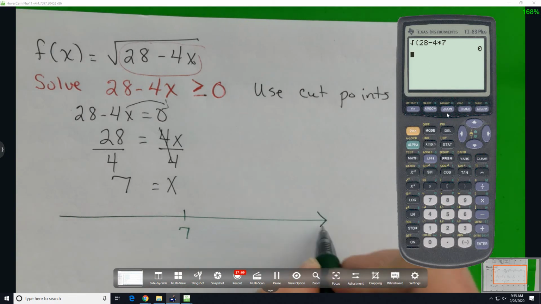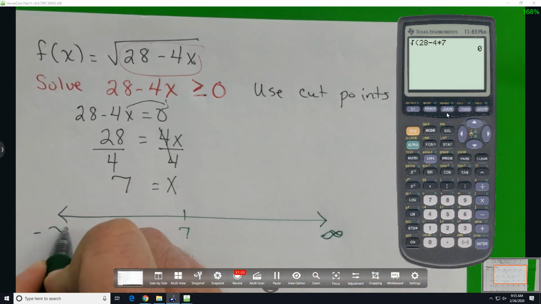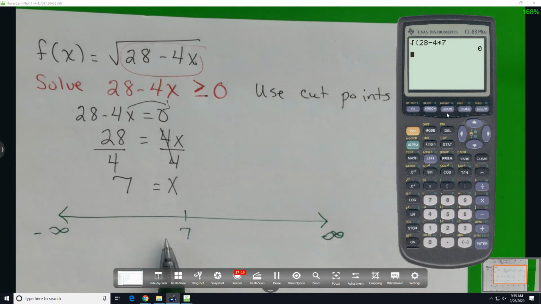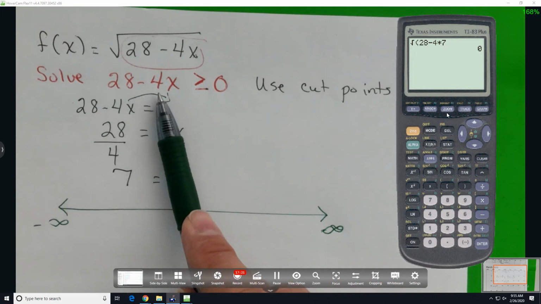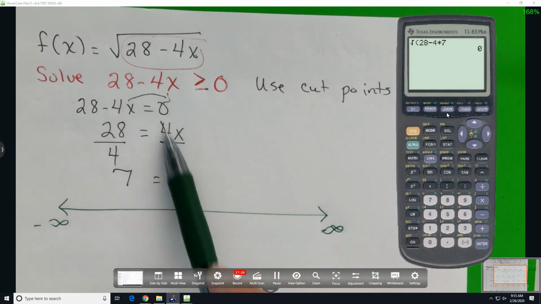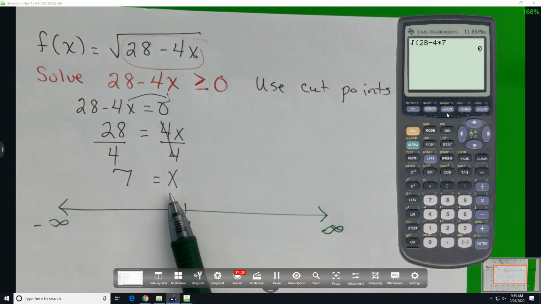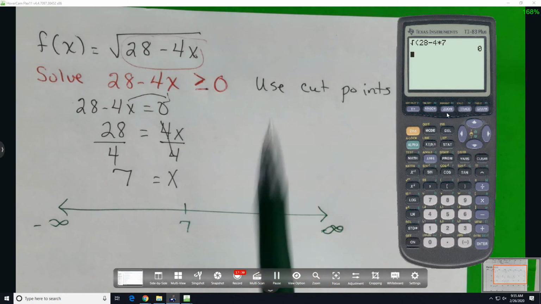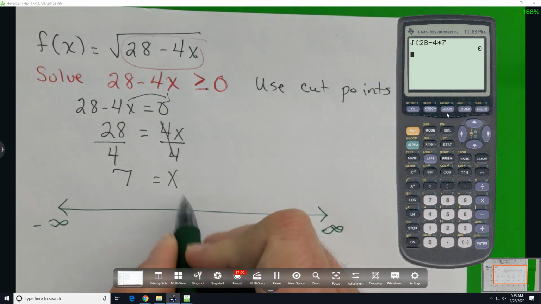It seems strange just because there's only one cut point. This is a much easier cut point problem than what y'all have been doing. You take what's under the square root, go greater than or equal to 0, and find the solution cut point. Since there's an equal sign, what am I going to put at the 7?